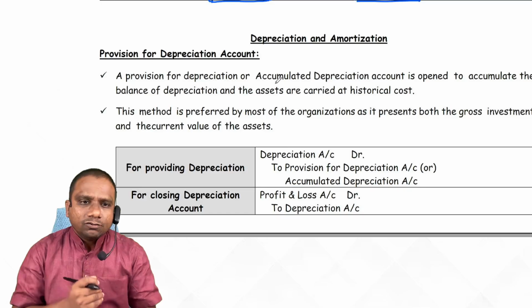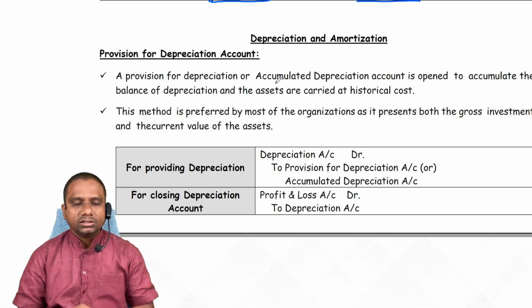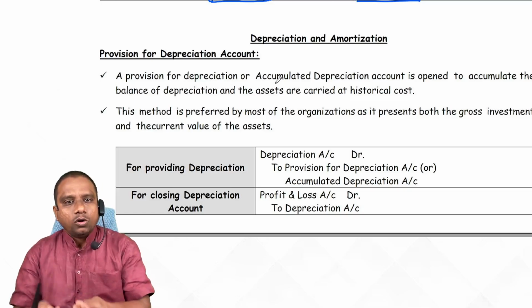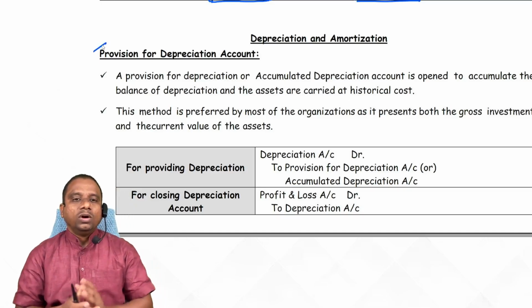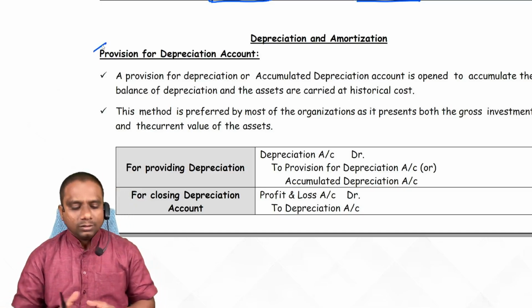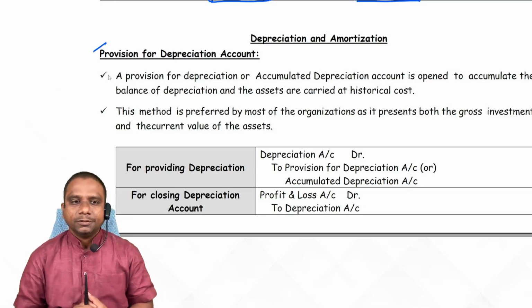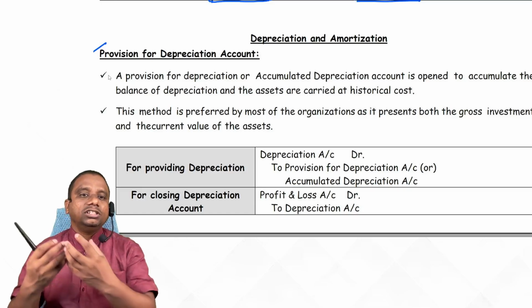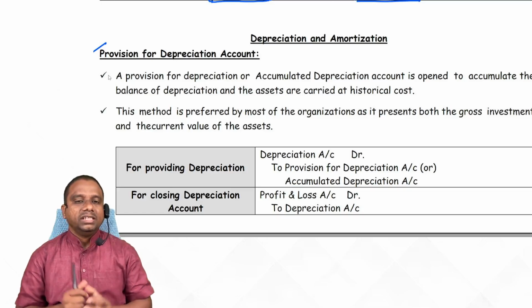If the organization wants to show the asset at its original cost, historical cost, then they will follow this provision for depreciation method. What is the objective of maintaining depreciation under provision for depreciation method? It means the asset account is shown in the balance sheet at its original cost. Is it clear?